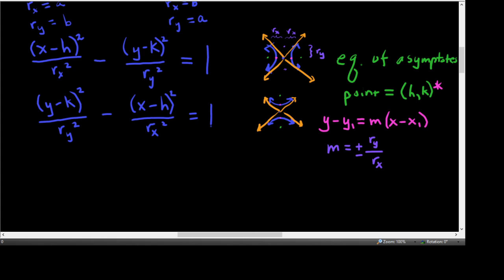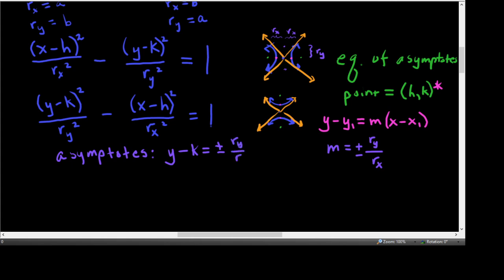So the asymptotes will have an equation always. This is an always thing, and you should probably commit this to memory. The asymptotes for a hyperbola will always have the equation y minus k, the y-coordinate of the center, which is a point on both lines that are the asymptotes, equals plus or minus the slope r sub y over r sub x.